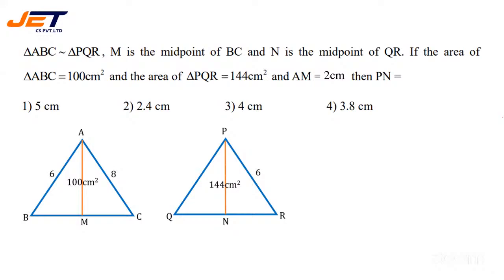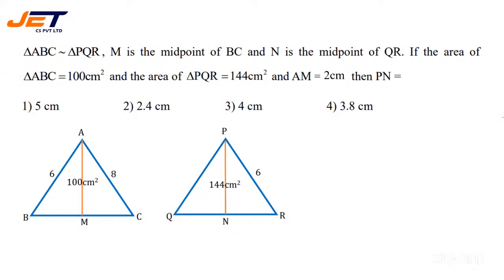Triangle ABC is similar to triangle PQR. M is the midpoint of BC and N is the midpoint of QR. Okay.